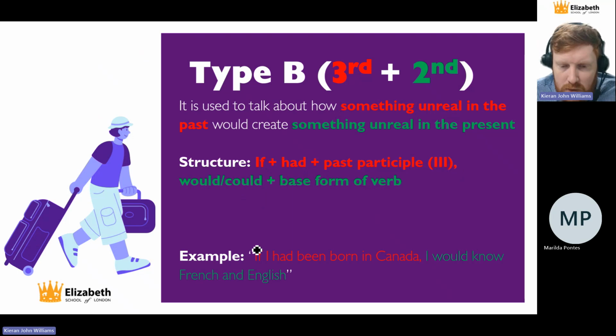Okay. So yeah, if you had been born in Canada, it is a country that has two official languages. You, in school, or well, at home, maybe you would speak English and you would learn French at school, or the opposite way around. You would speak French at home and you would learn English in school. So now you are at this time in your life, you would know both of those languages. Okay.